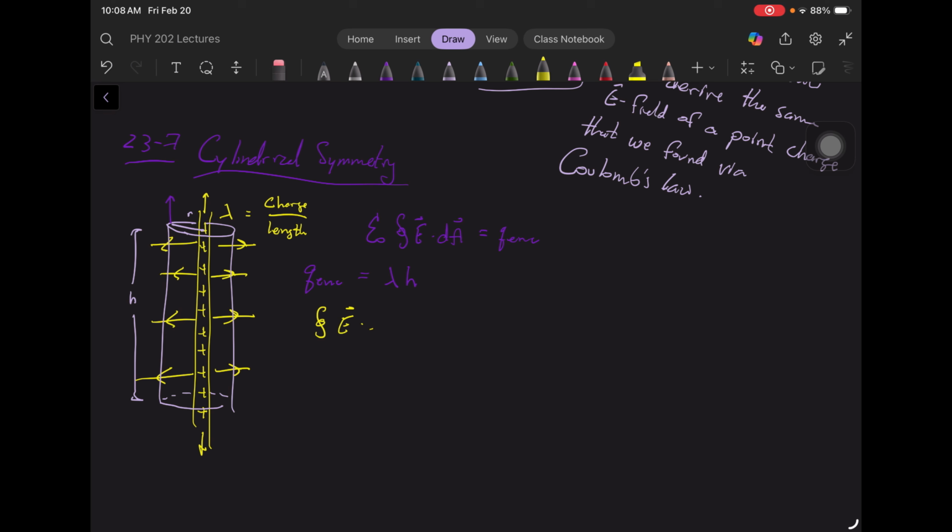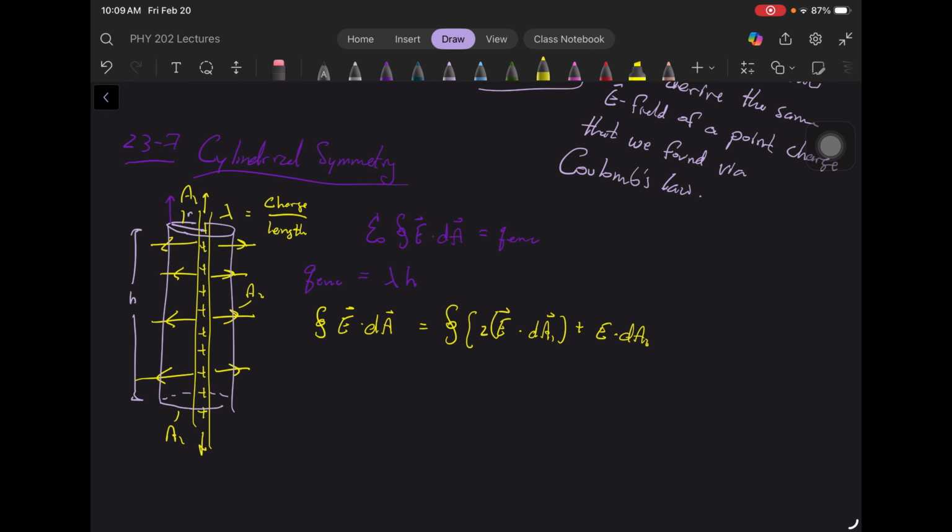E dot dA. As we said, this is going to be equal to the surface integral of, you know, if we call this A1, A2, it's going to be the integral of E dot dA1 plus E dot dA2.